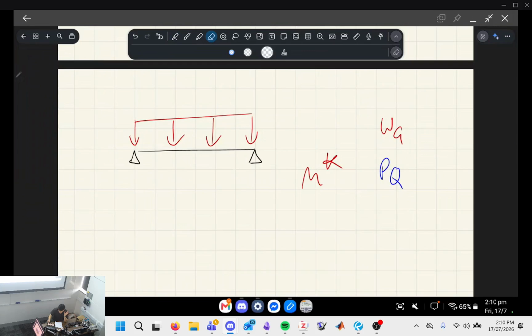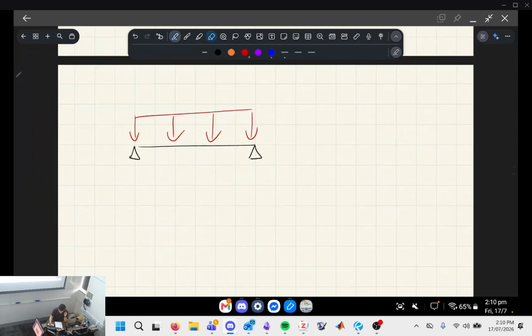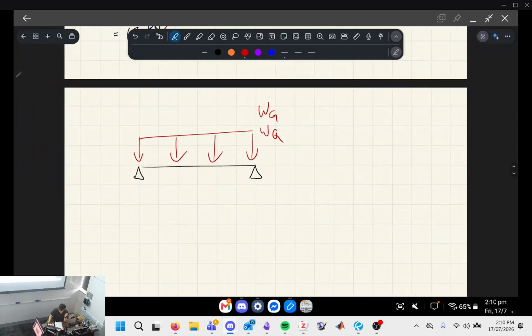But for the sake of argument, say you've got a simply supported beam and a uniformly distributed load that represents the shape of both the dead load and the live load.